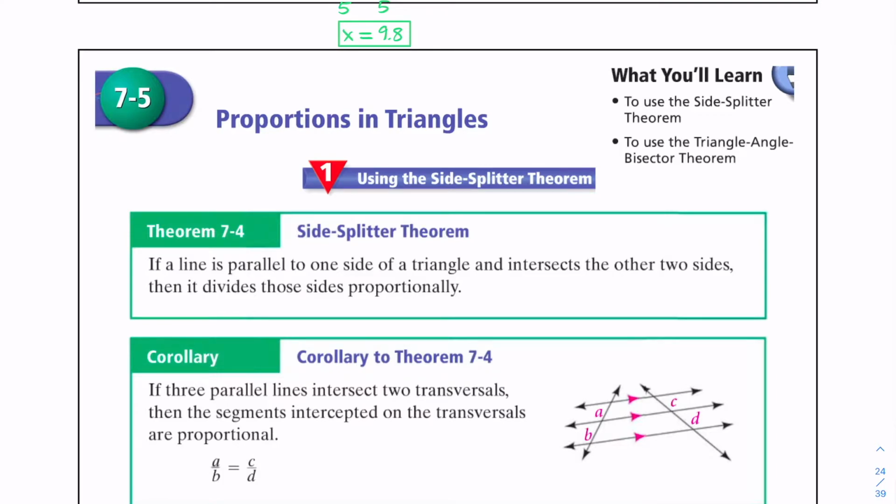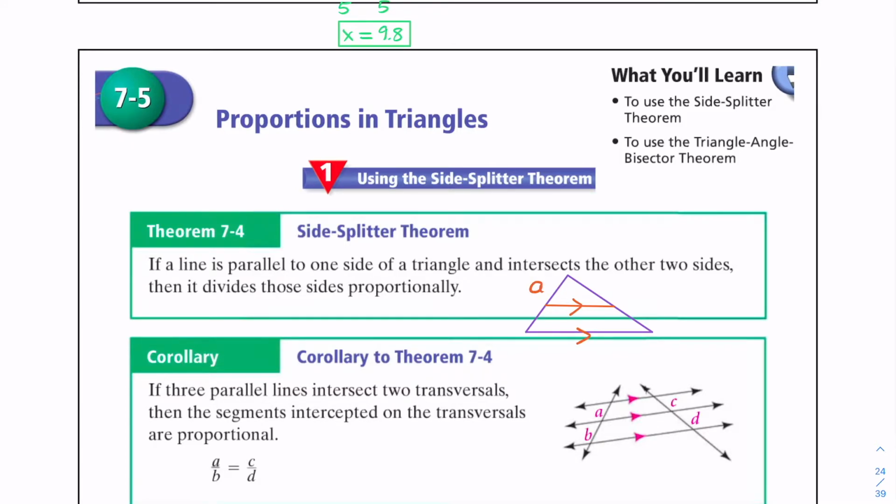If a line is parallel to one side of a triangle and intersects the other two sides, then it divides those sides proportionally. So what we are going to eventually get to today, let's draw the triangle here, and let's say that this was parallel to this.